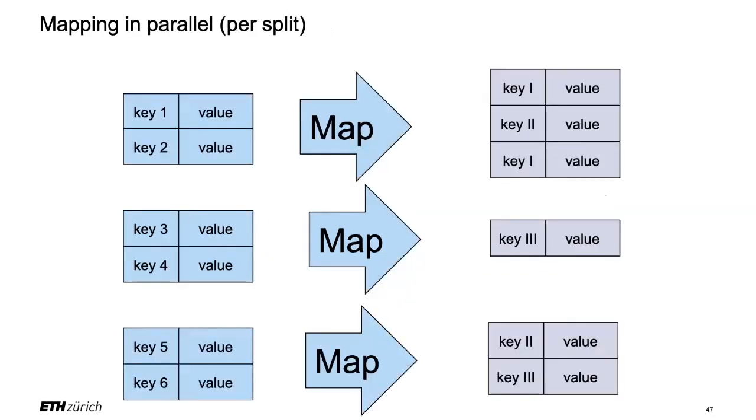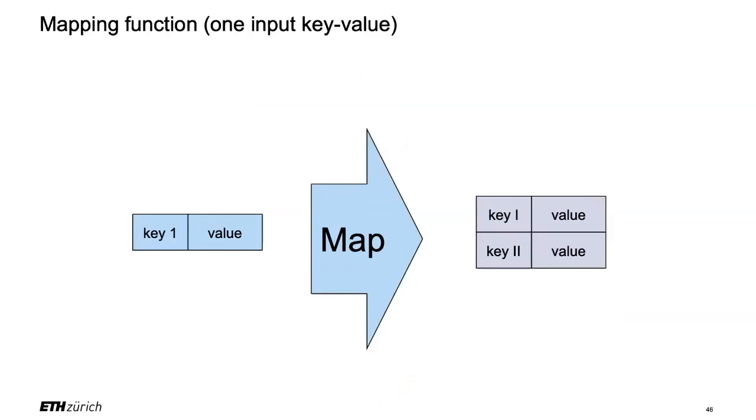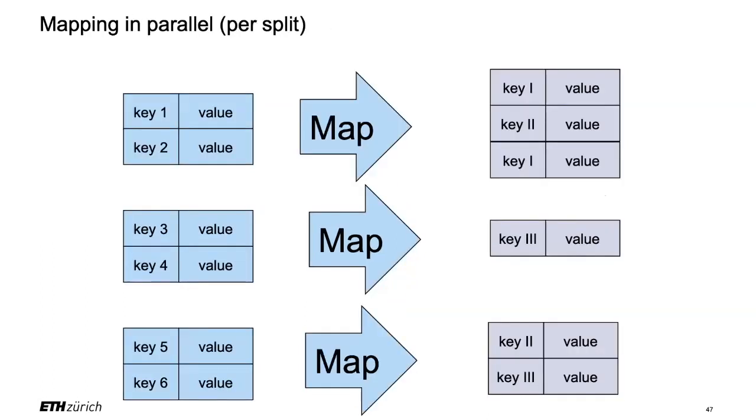Now, as you can imagine, this is done here one by one on each key value, but each split will be processed together. So in the first split, maybe on one machine, you apply the map function to each one of the key values, then when you put them all together, you get all the intermediate key values that the function calls gave you.